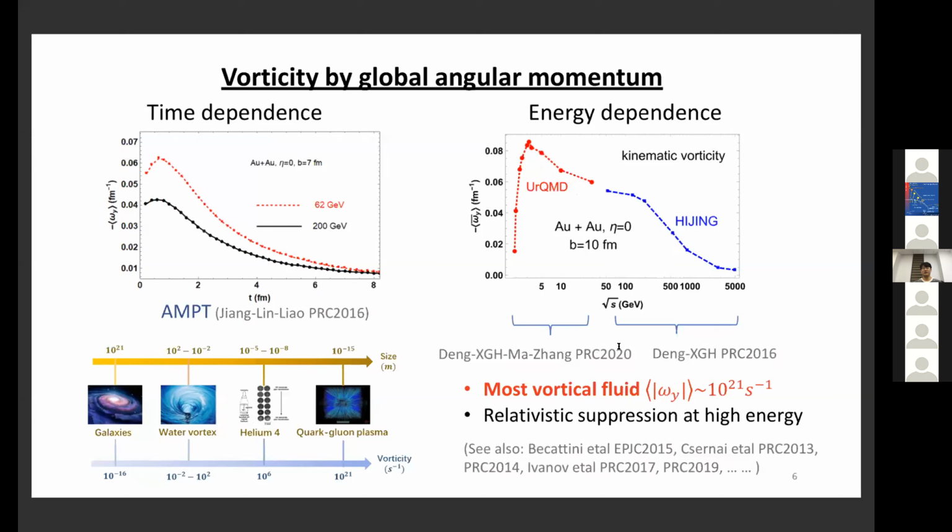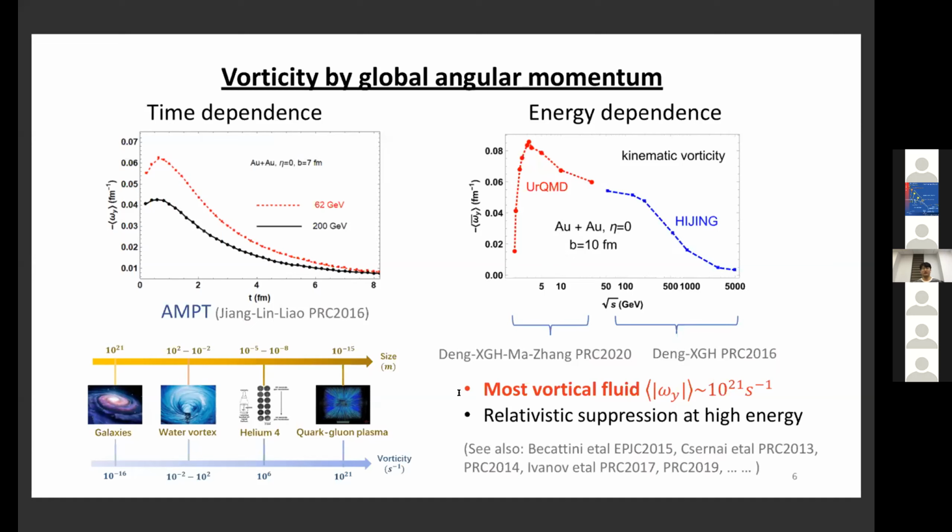This is a relativistic effect, which I now understand is due to the fact that at higher colliding energy, we could have a better boost invariance in the medium at mid centrality. Because what I show here is actually the vorticity at mid rapidity. But this non-monotonic behavior of the vorticity as a function of the square root of s is very interesting. I will also come back to this feature later.